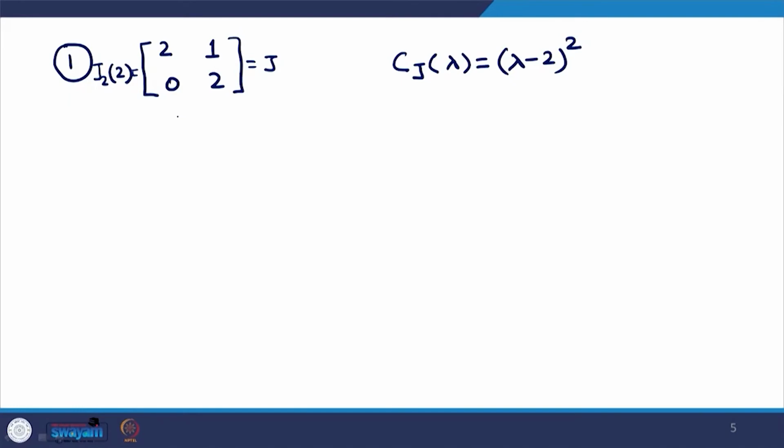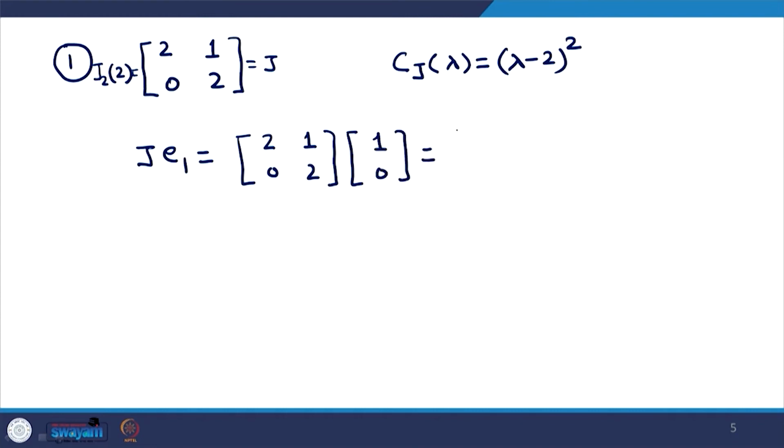And furthermore, if you have J E1, where E1 is a vector of the standard basis in R2, then it is 2 1 0 2. What is the standard basis in R2? E1 will be 1 0, E2 will be 0 1. Then it comes out to be 2 0, which is 2 times E1.